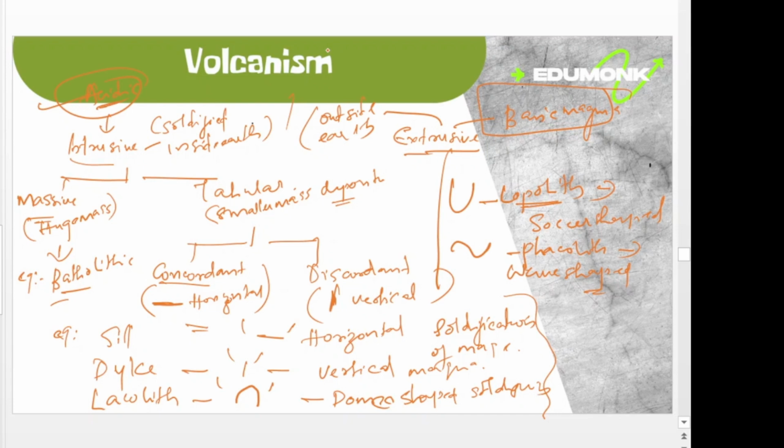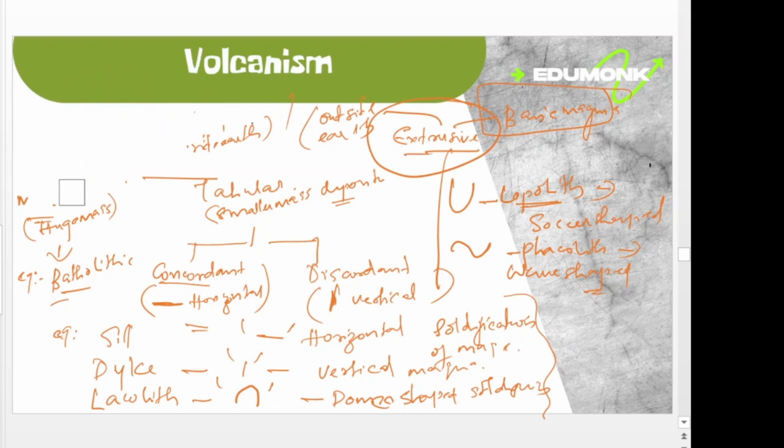Concordant means horizontal solidification, and discordant means vertical solidification. For example, we have talked about sill, dike, laccolith, lopolith, and phacolith. Then we are moving to the extrusive volcano. We have completed the intrusive volcano.